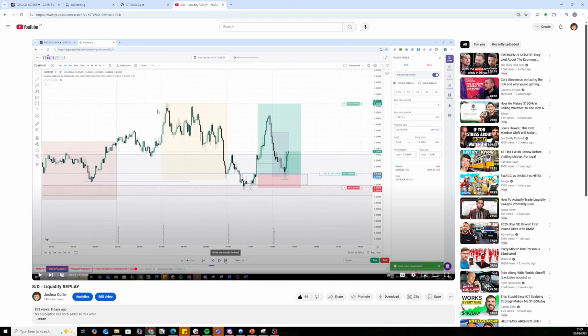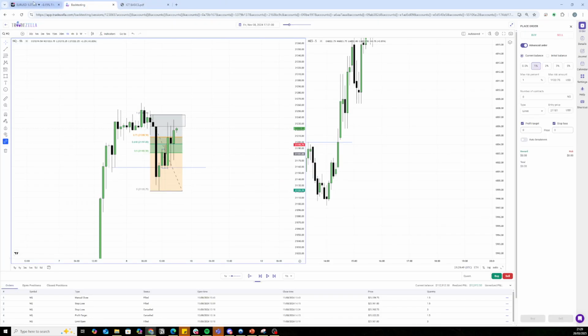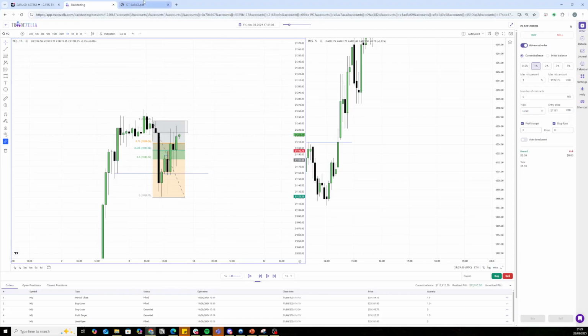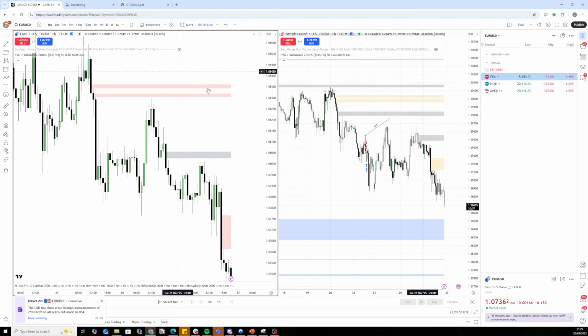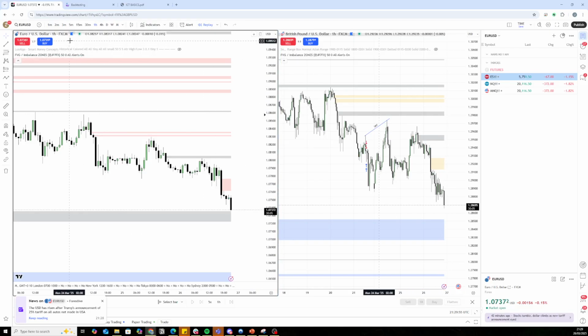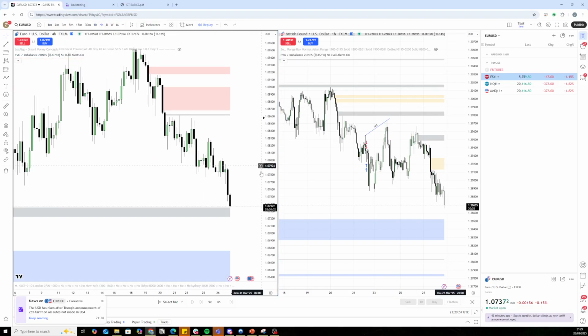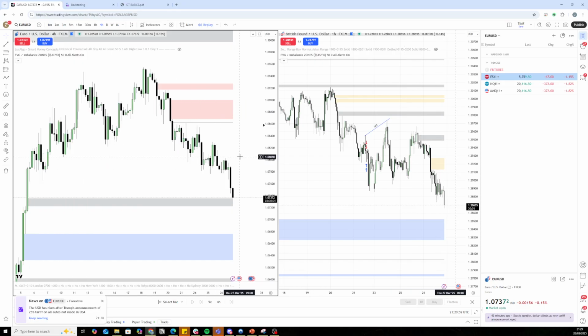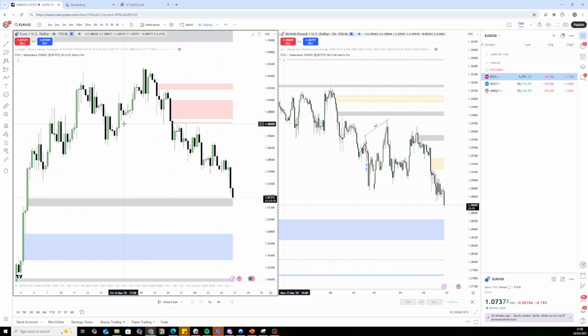But again, it's something that takes practice, right? It's not the easiest thing. There are so many different things that go into ICT, and as I say, it's like learning an entirely new way to view the market. So it's not going to be the easiest thing, but once you get used to it and you start getting more familiar with it, then it will help.